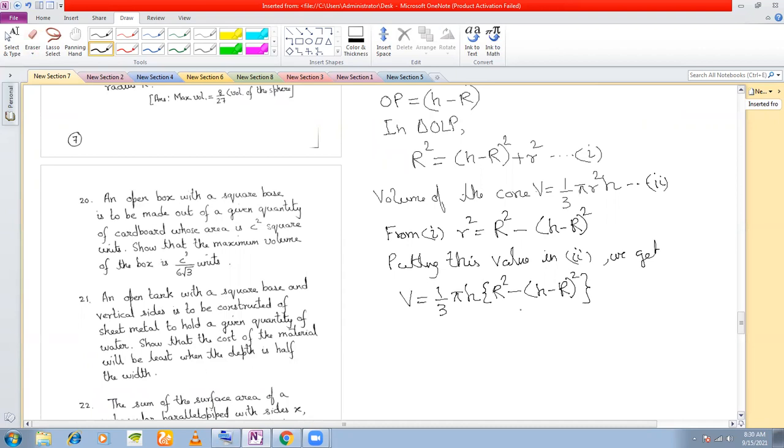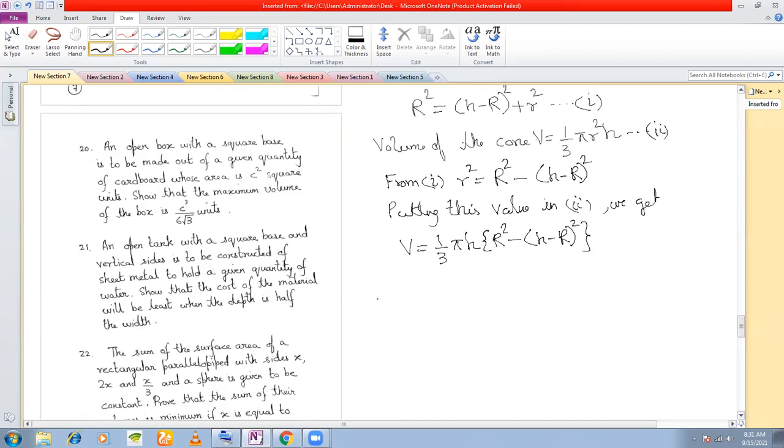Now this, are we down to a single variable or not? Yes, sir. We are down to a single variable h, right? Because capital R is constant.